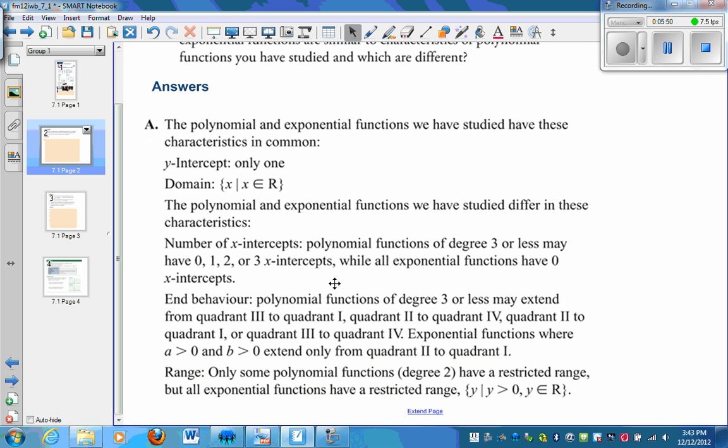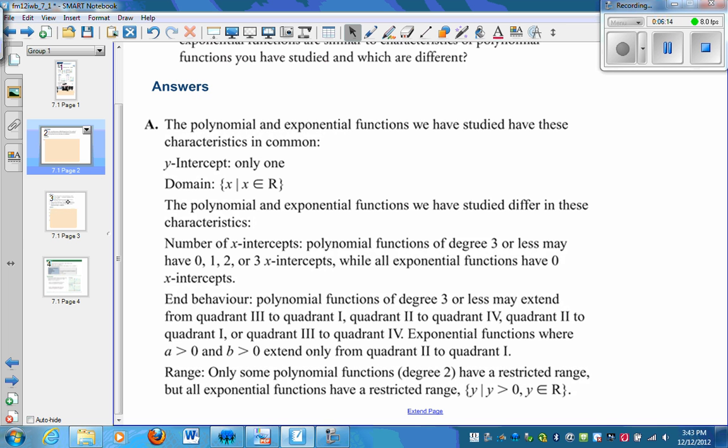The end behavior, so polynomials could go from quadrant 3 to 1, quadrant 2 to 4, 2 to 1, 3 to 4. Exponential always go from 2 to 1. The range, only quadratics had a restricted range, but all exponential functions have that restricted range. All of them must be greater than 0, all the ranges.